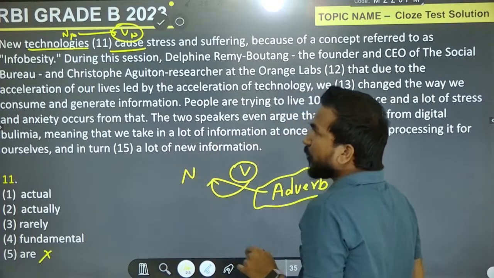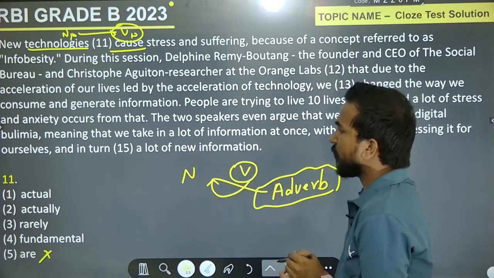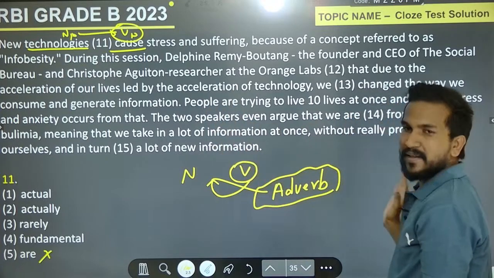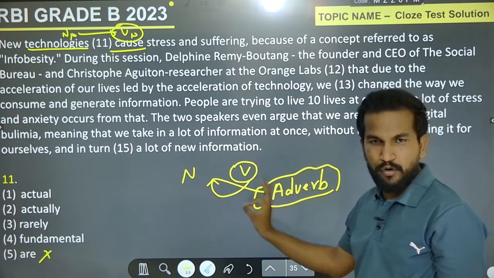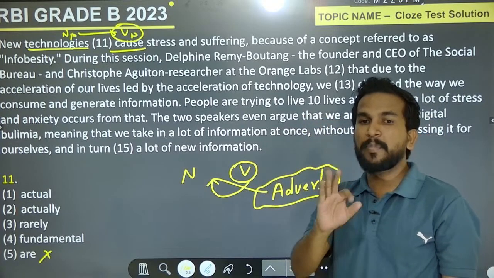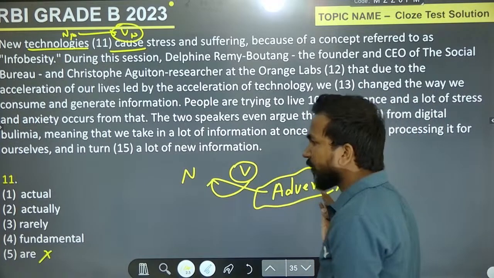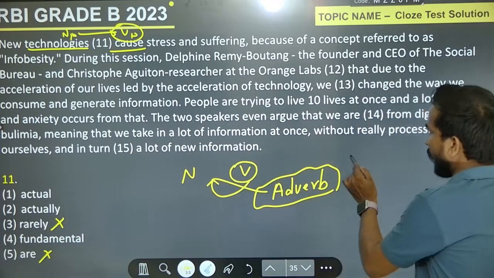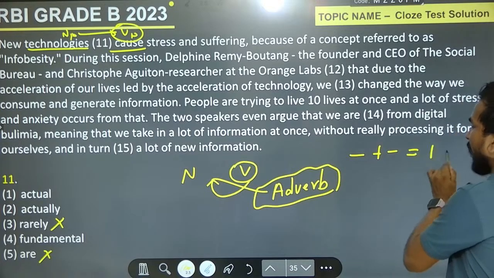Now what we are talking about: new technologies rarely cause stress? No sir. In the complete passage, in the complete clause, we have gone for the negative effect of technology. So it must not be rarely, because if we have something negative plus negative, that will be positive.